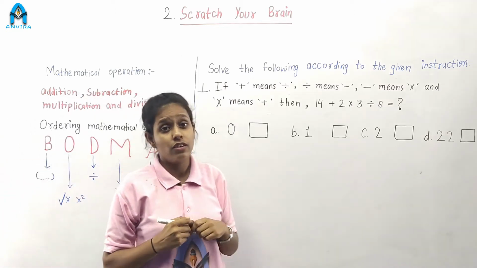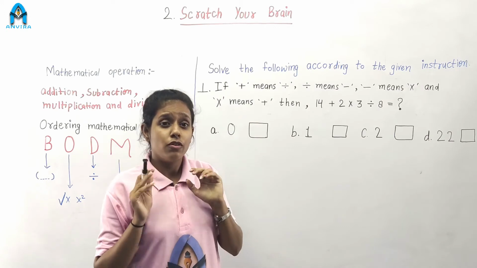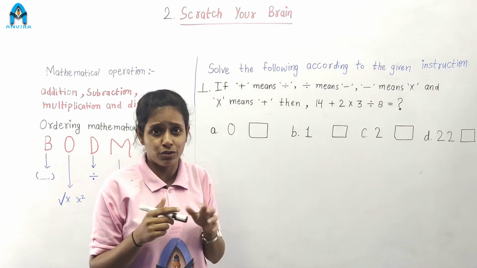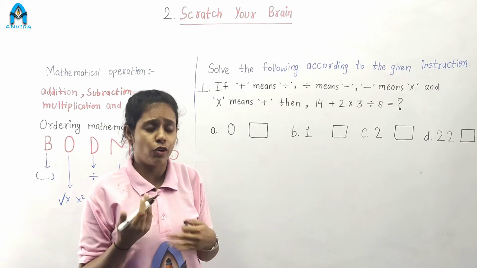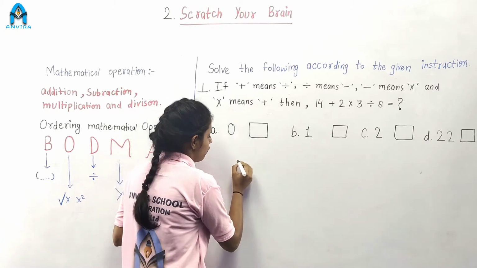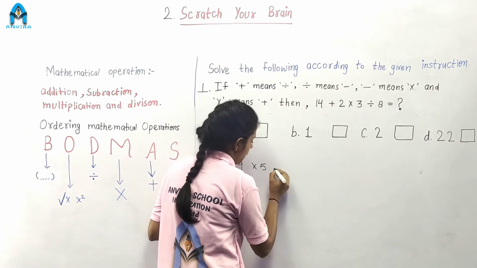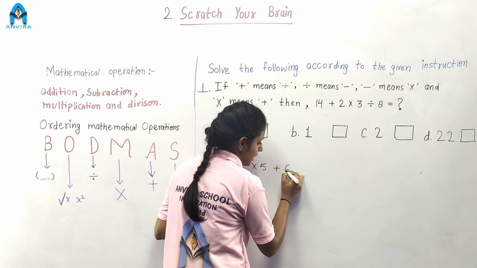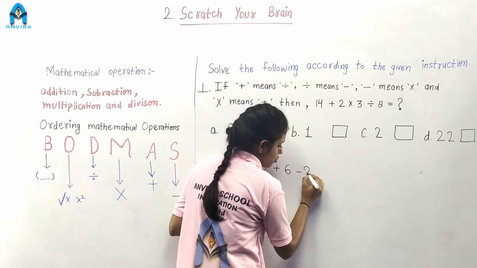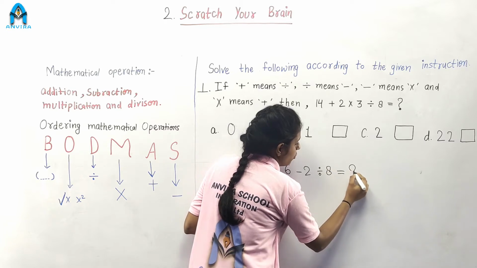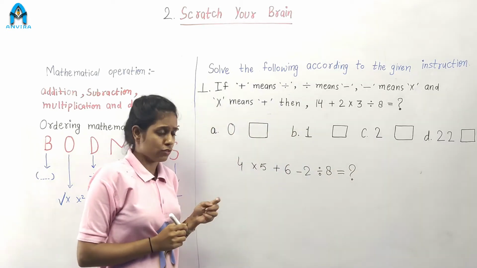Now, let's solve a question. First, we take a simple question for understanding: 4 multiplied by 5 plus 6 minus 2 divided by 8. You have to find the answer.